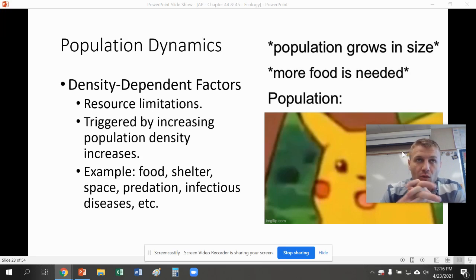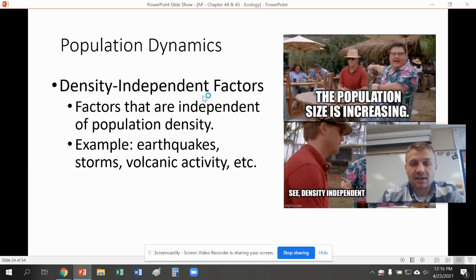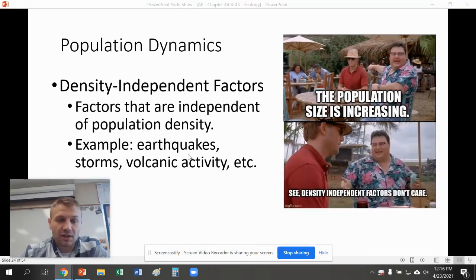So the higher the density of a population of organisms, the more food they're going to need, the more shelter, the more space. The predation is going to be a factor there. So these are dependent on the density of those species.